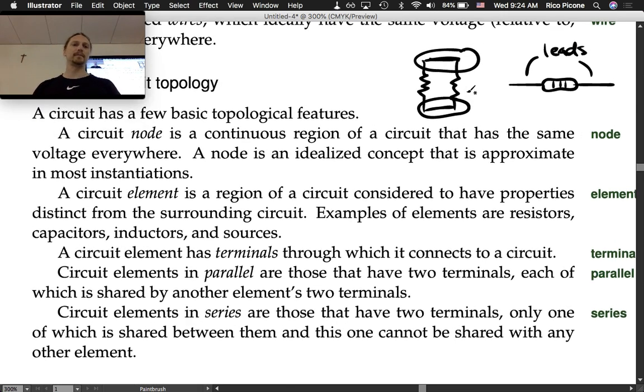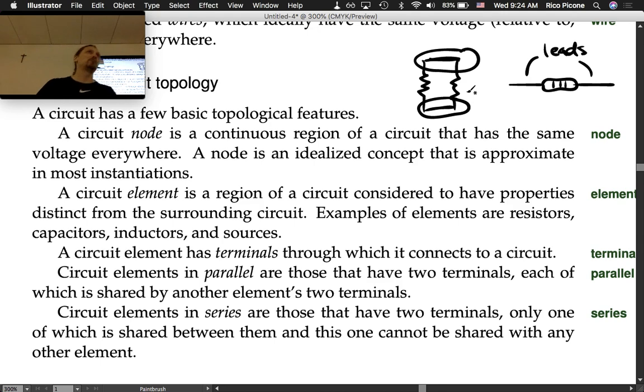Good question. A circuit element is a region of a circuit considered to have properties distinct from the surrounding circuit. Examples of elements are resistors, capacitors, inductors, and sources. In electronics, we've got all these discrete components that have been more or less codified and normalized over time.